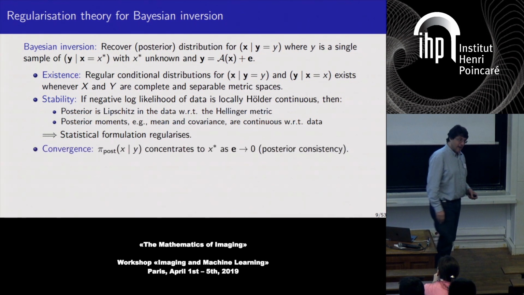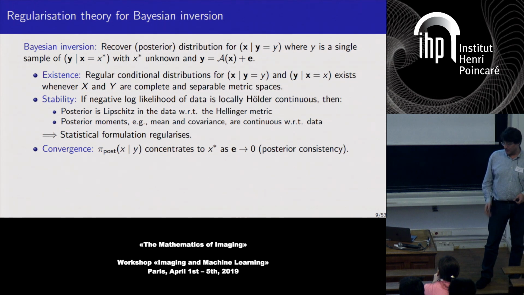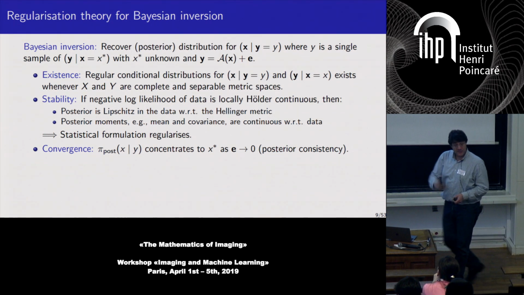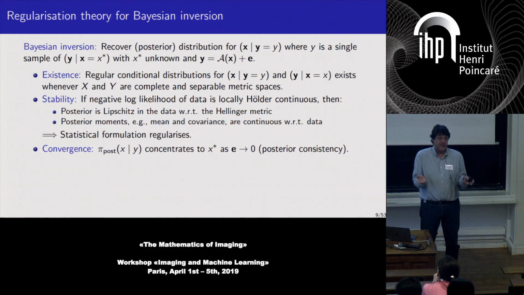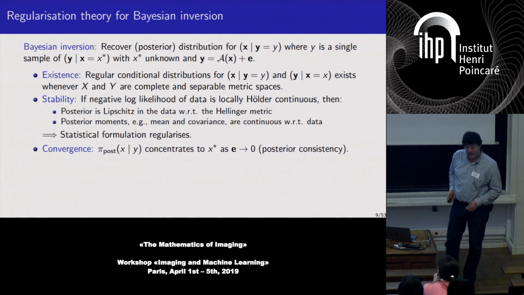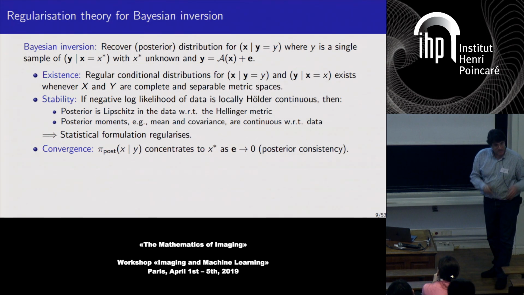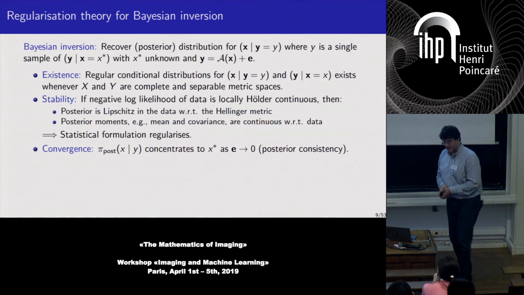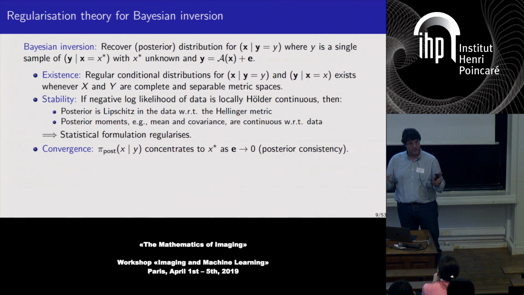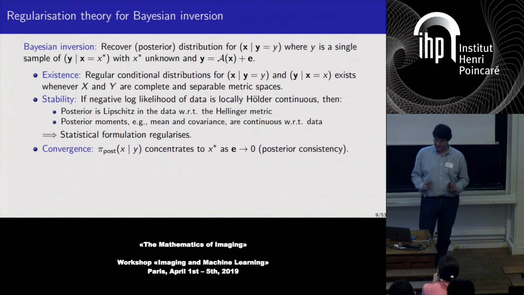But that's usually not enough. If you want to talk about regularization theory, you also want that as the data error goes to 0, your posterior in this context concentrates around the ground truth image. Now the situation becomes a bit more blurry. There are some results for certain classes of priors, but the scenery is not equally obvious, nice, clean cut and clear.